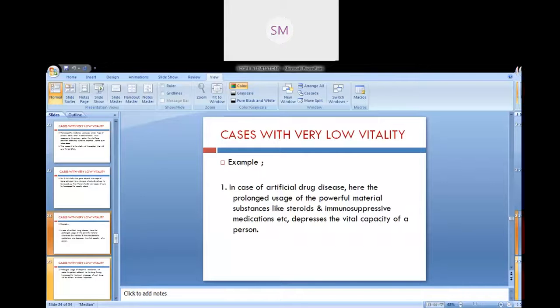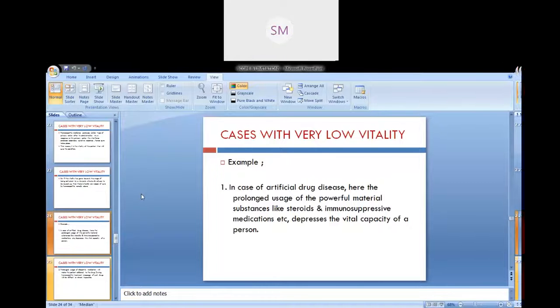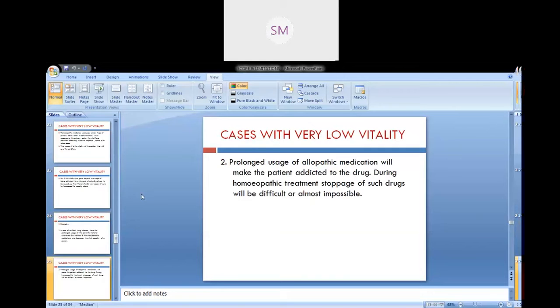For example, prolonged usage of powerful material substances like steroids and immunosuppressive medications depresses the vital force. There is low vitality in that individual person. The second example is that prolonged usage of allopathic medication makes the patient addicted to the drug.